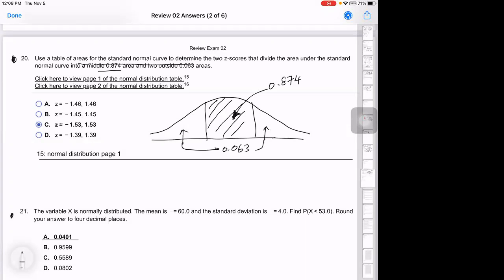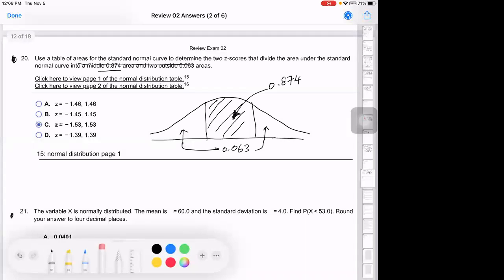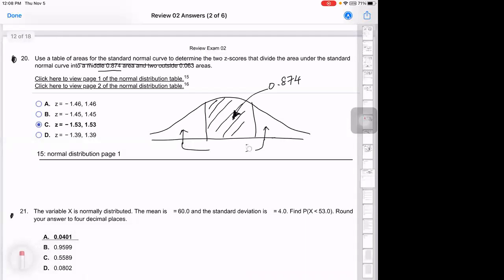The two outside areas are 0.063 each. Don't confuse this; I'll draw it like this. Each is 0.063. Now it is easy.